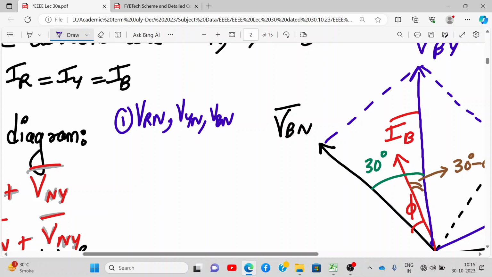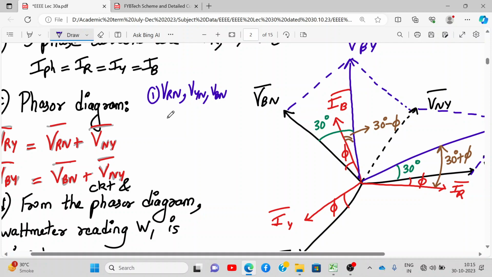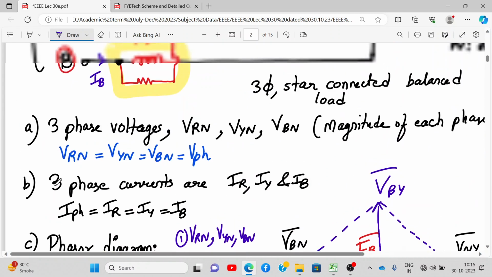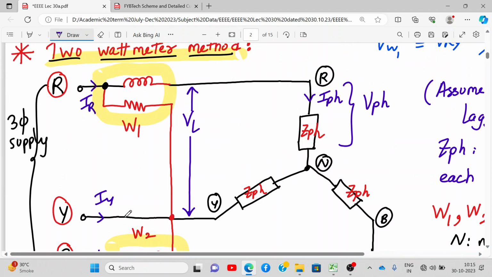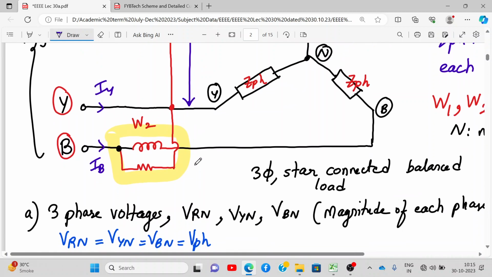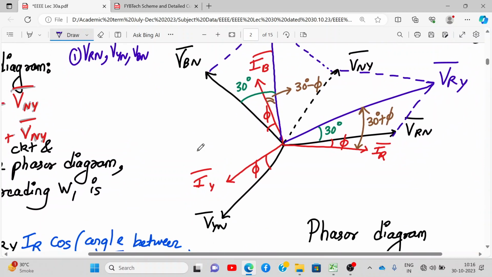Understood? Now you draw the mirror images of them. Now actually we have two voltages only, line voltages VRY and VBY, because we have two wattmeters only. Alright, no need to measure the third one. So we have VRY. What is VRY? VRN plus VNY. Now, we know what is VYN, right?